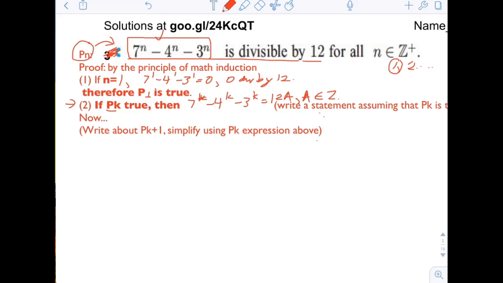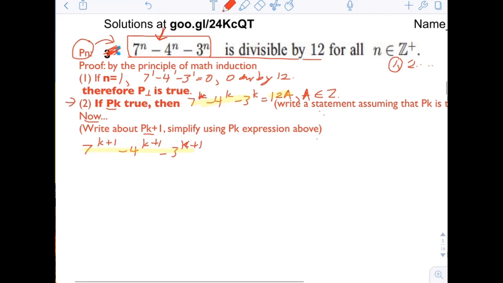Okay, now what we're going to do is write about P of k plus 1. How are we going to do that? We're going to take the original expression and put k plus 1 in for n. So 7 to the k plus 1 minus 4 to the k plus 1 minus 3 to the k plus 1. Remember, we're going to try to algebraically manipulate this until we get something that looks like this, and then we can substitute in 12a, right?